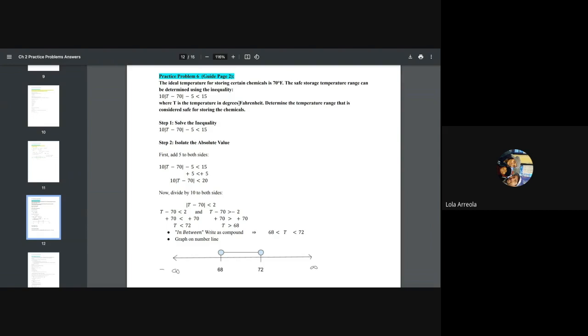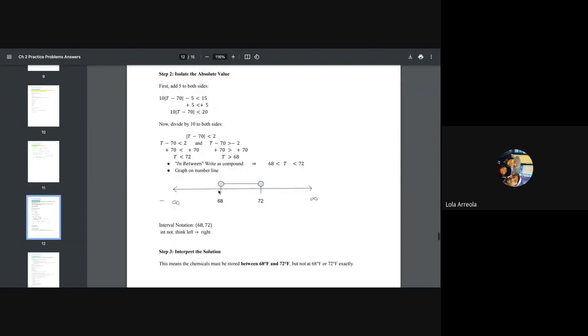Where T is the temperature in degrees Fahrenheit, determine the temperature range that is considered safe for storing the chemicals. Well, this means that the chemicals must be stored between 68 and 72 in order for it to be safe, but not exactly 68 and 72, right? Because it's not including 68 and 72. That's why we have open circles at those points.